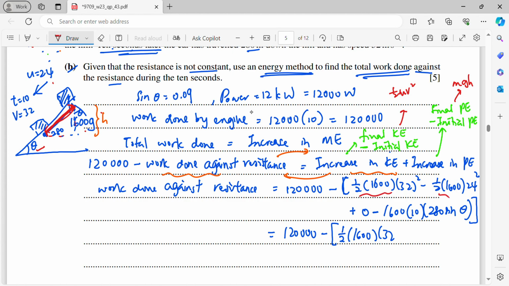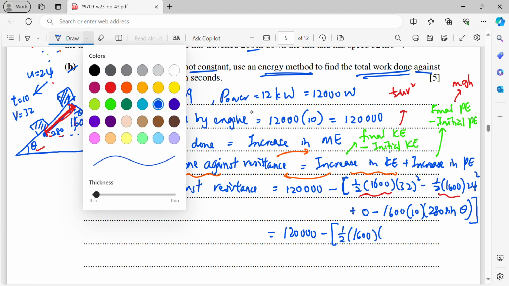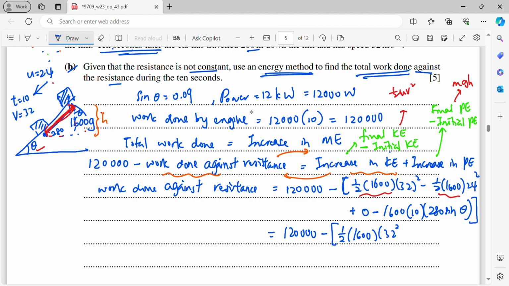See, all these are common terms, so I can just directly take them up and combine the common terms. So this is going to be 32 squared minus 24 squared, then minus 1600 times the 10, so 0, so you get 280. Sine theta is given, which is 0.09.